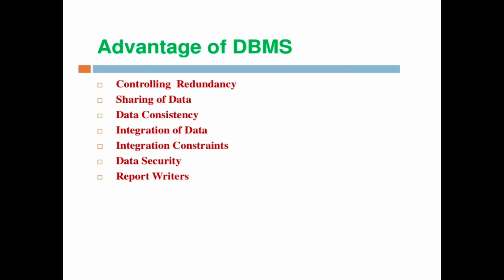Next is the advantages of the DBMS. Controlling redundancy: controlling duplicate information, sharing of data, and data consistency. Data consistency means reducing confusing formats, along with integration of the data, data security, and reporting. These are the advantages over the disadvantages of the file system.